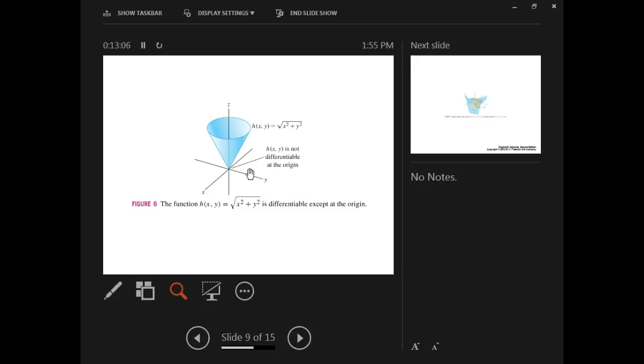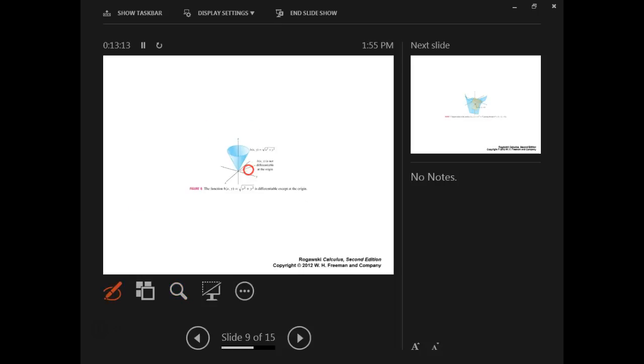The question is, where is that differentiable? Now, what I'm going to do is rewrite that as x squared plus y squared to the 1/2 power.